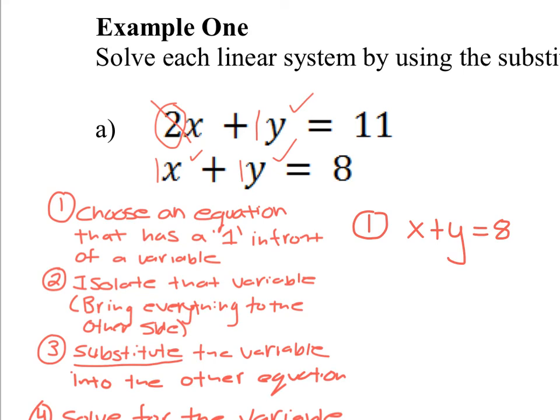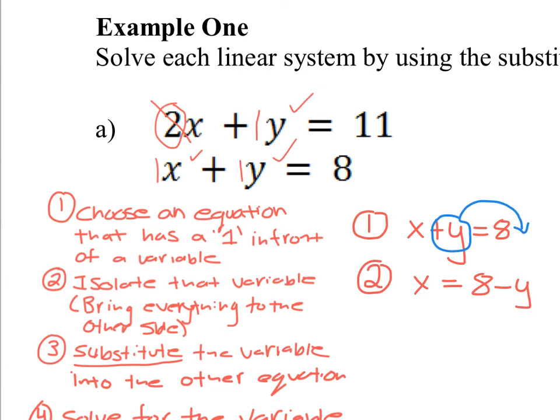So that means I'm going to take the y and bring it to the other side. And I'm going to get x by itself. So now we're moving into step number 2 of isolating for that variable. When I took that positive y and brought it to the other side, it became a negative, and the 8 still stayed as a positive.